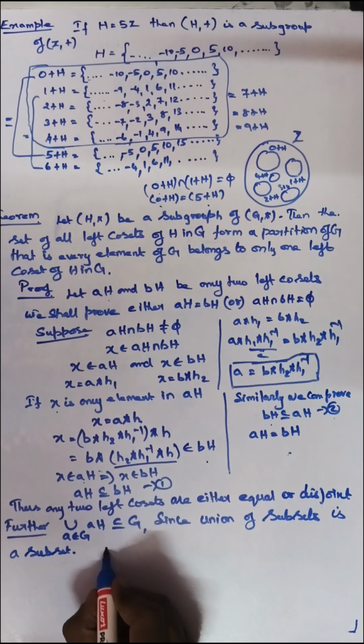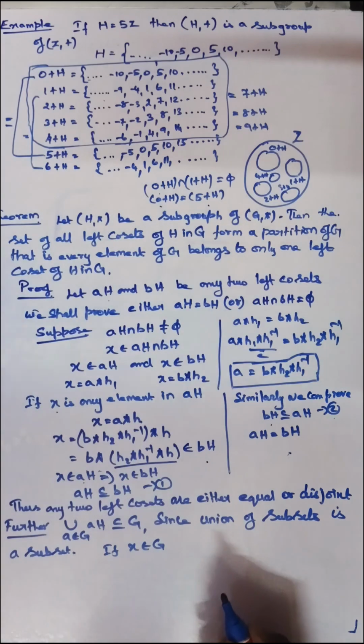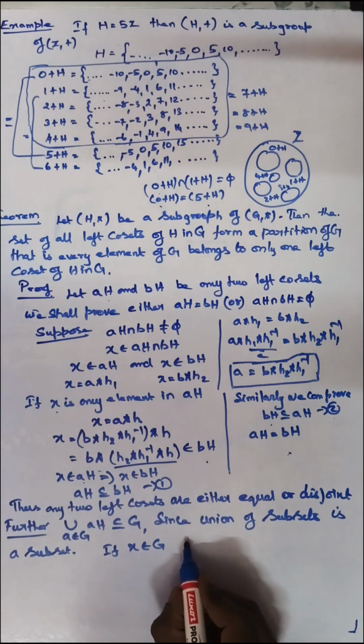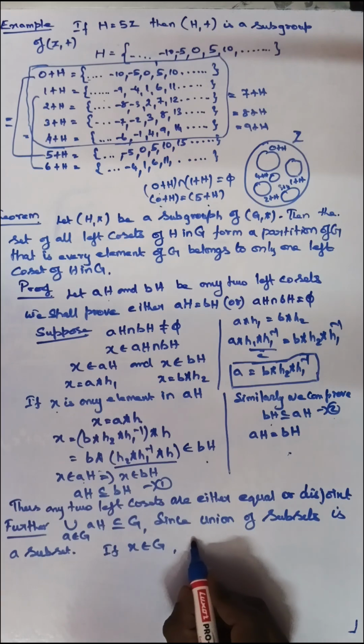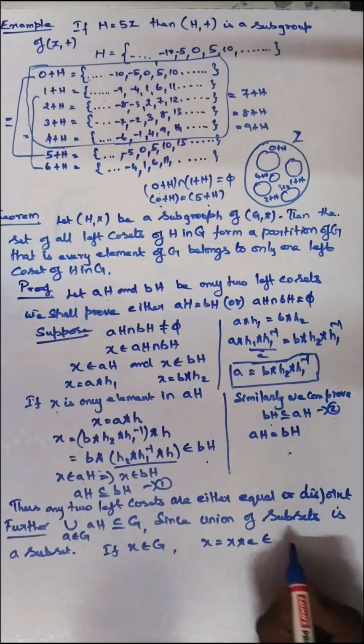Now we take x belongs to G. If x belongs to G, x is going to be any element. There is an identity, so we can write x equals x star e. So this belongs to EH, or XH.